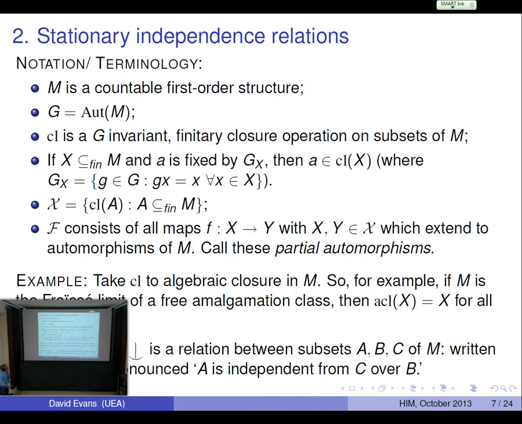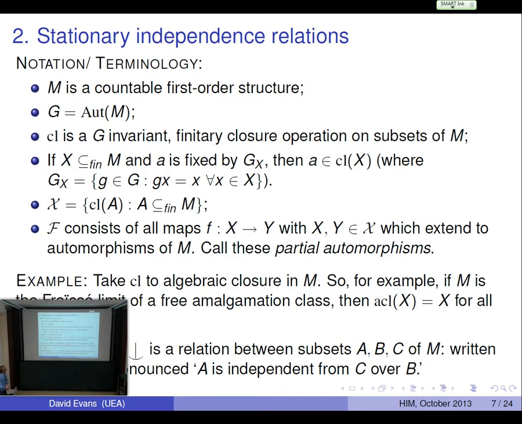And occasionally, we'll need this script F, which will consist of all maps which extend to automorphisms, all maps with domain closed, the closure of something in X. So the closure of a finite subset. Those are what I mean by partial automorphisms. So the domain has to be closed.